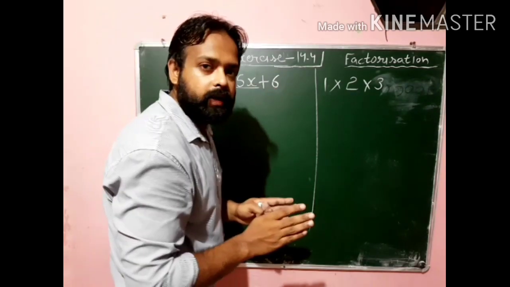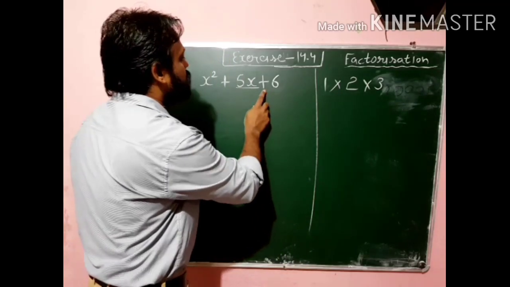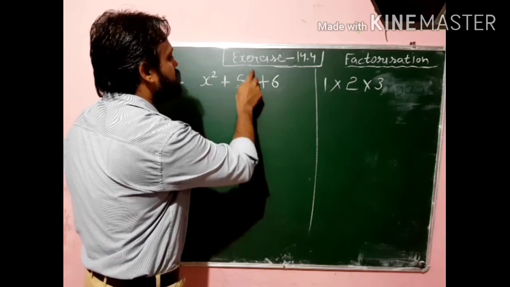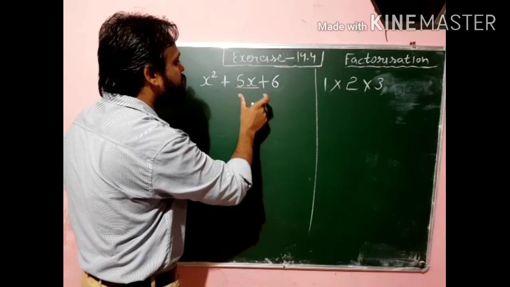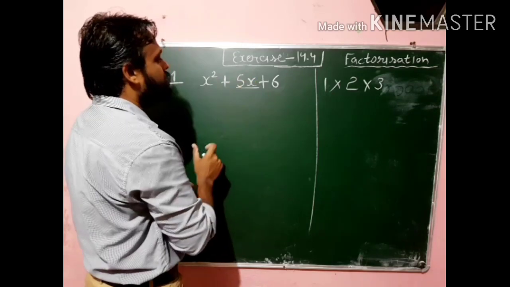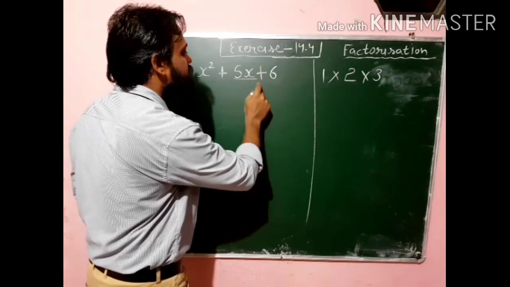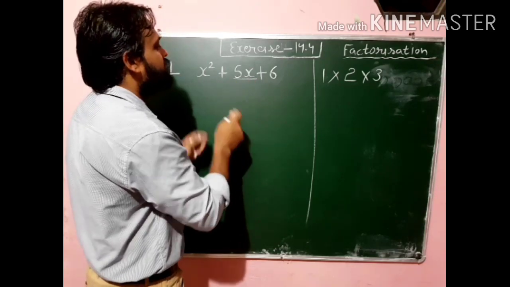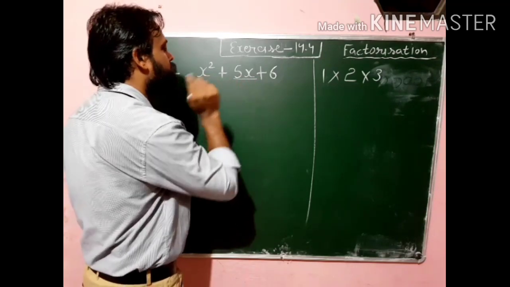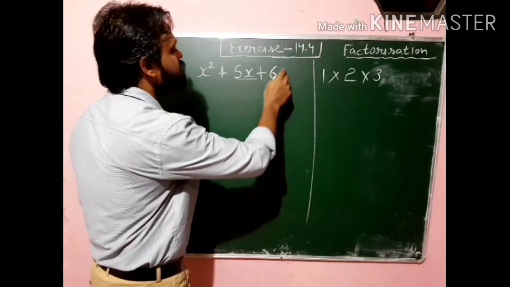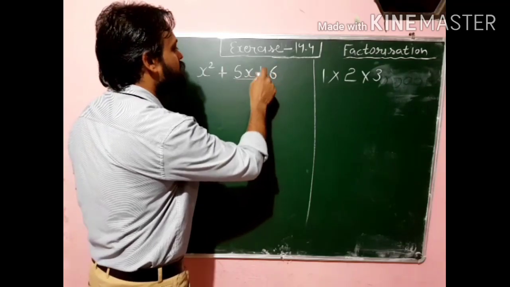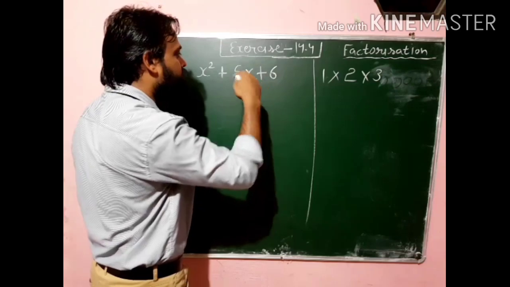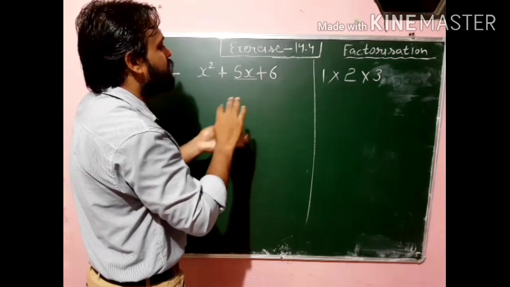Listen carefully again. If there is a plus sign, then we have to split this 5x into two terms such that the sum of these two terms should be equal to 5x. If there is a minus sign here, then we have to split this 5x in such a way that the subtraction of these two terms should be equal to 5x. Of course, then the multiplication should be equal to 6. So only this sign decides whether we have to add the terms or subtract the terms.